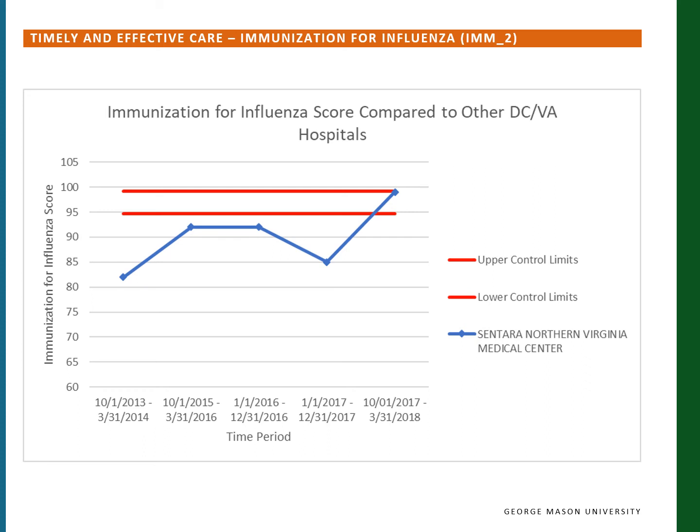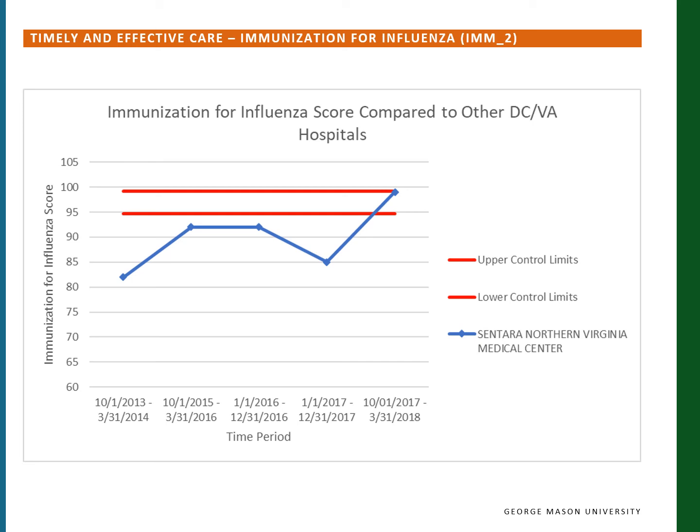limits, you see an increase between October 2013 to October 2015, and then it stays flat for about a year. After January 2016, it drops sharply to about 85 and then shoots up again, falling within the control limits.